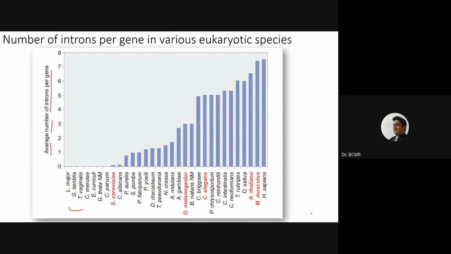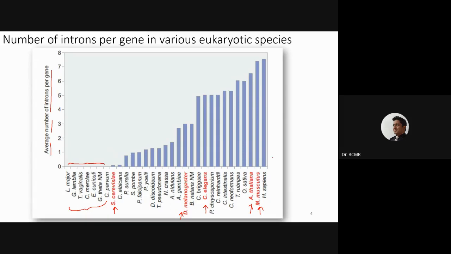If you look at the lower, less complex eukaryotes, you do not find as many introns; some of them rarely have any. But looking at some of the model organisms we talk about: Saccharomyces cerevisiae, Drosophila melanogaster, C. elegans, Arabidopsis thaliana, Mus musculus, you see that the number of introns per gene is increasing. This is an average; some genes may have more introns, some fewer.